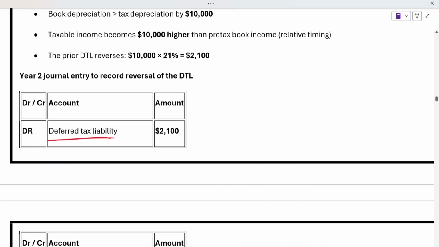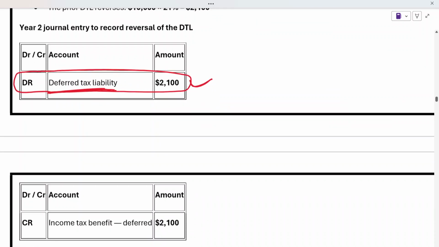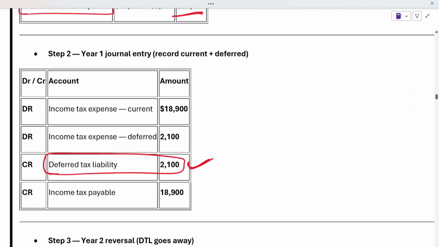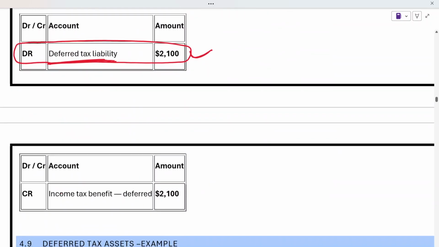You will need to reverse that deferred tax liability here. So you have reversed that entry by debiting the deferred tax liability, and you need to credit the income tax benefit or expense here.